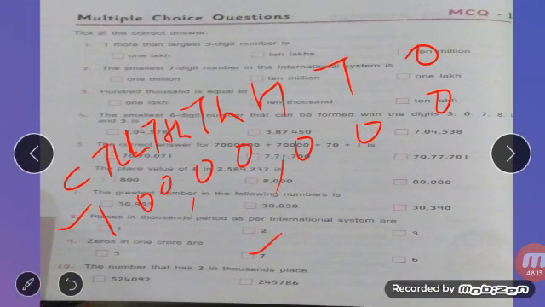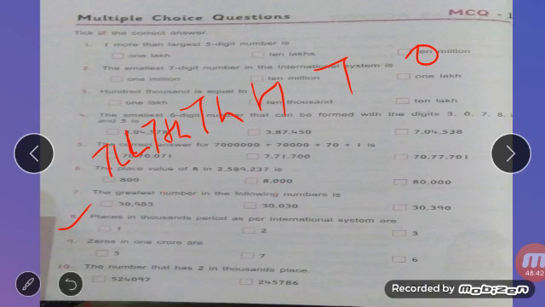Put a tick on 7. The number that has 2 in thousands place. So this is an easy question. Which number has 2 in the thousands place?